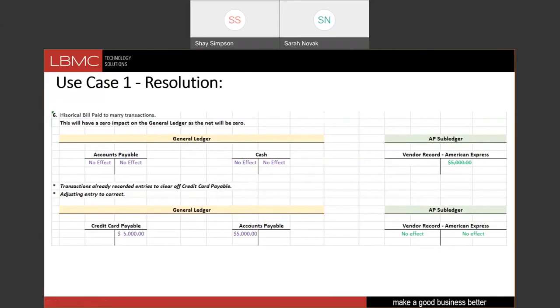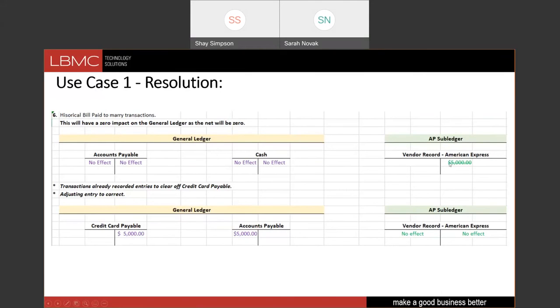So if I go into my pay bill screen, I have an AP bill out there that was created when I did my charge payoff. And I am going to marry it against that negative AP bill that I just entered.